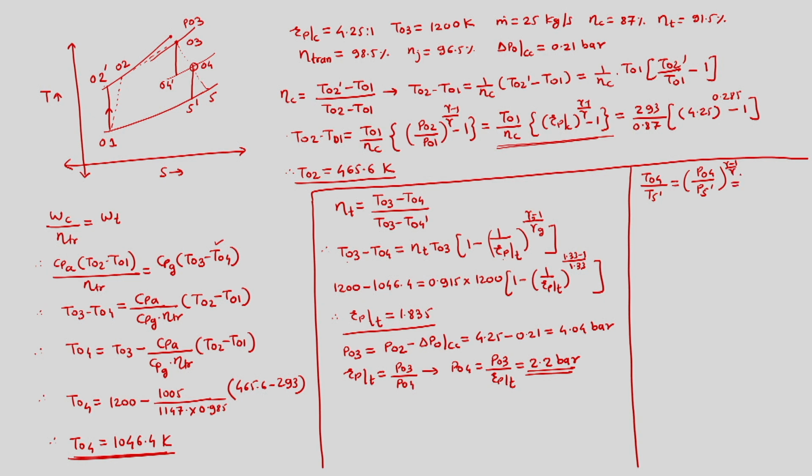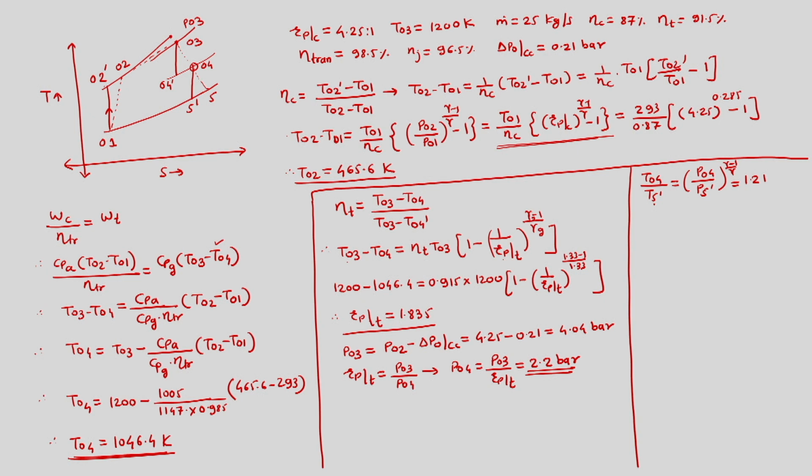We have just calculated P04 as 2.2 and P5 dash as 1. Considering this, we will get this ratio as 1.21.